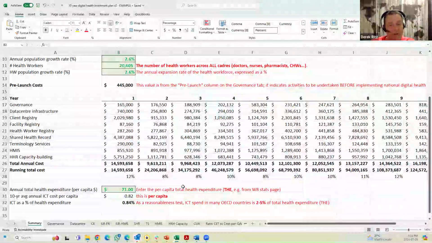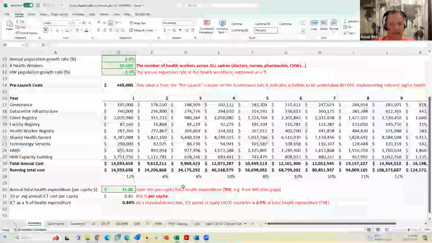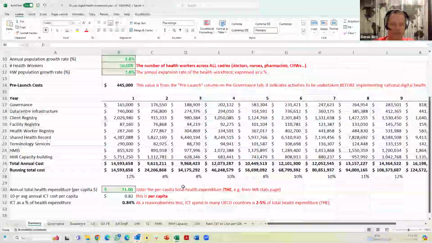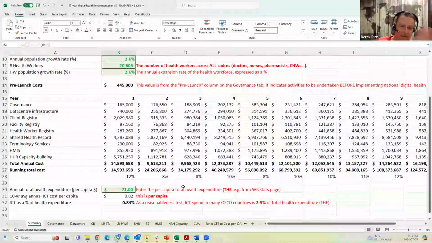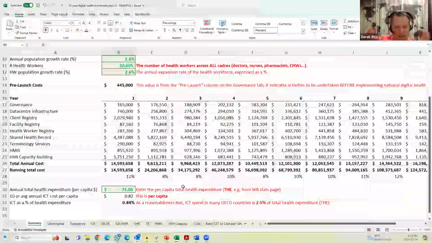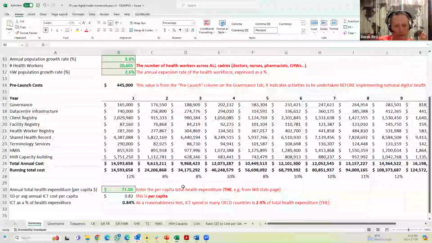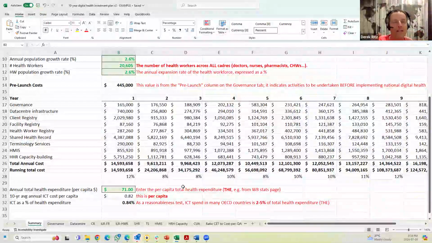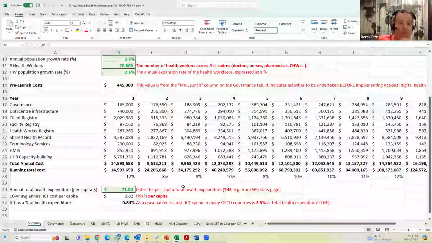And that's what this is for, to make an investment case to say, well, yeah, but if you use digital health, you'll improve your adherence to care guidelines. And if you improve your adherence to care guidelines, you're going to have a huge impact on this, this, this, this, and this. And they're the heart of your burden of disease. And all of them are good. And digital health can have a very significant positive impact on all of these.